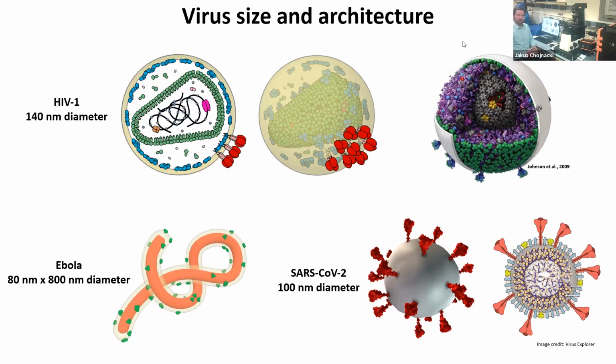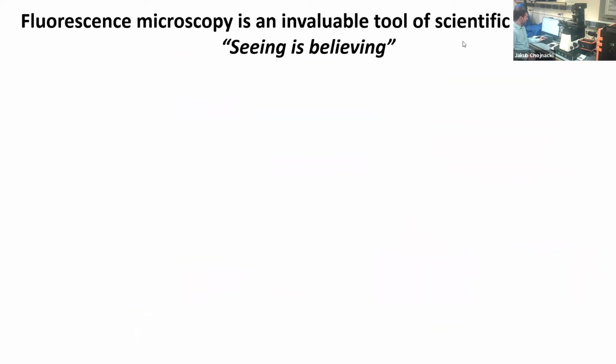As I was mentioning before, it requires some powerful tools to visualize those very, very small things. And how do we do that? Well, one of those tools is fluorescence microscopy. And it is, for me, a pillar of scientific discovery. First of all, it provides images directly. And to us humans, seeing is believing, right?